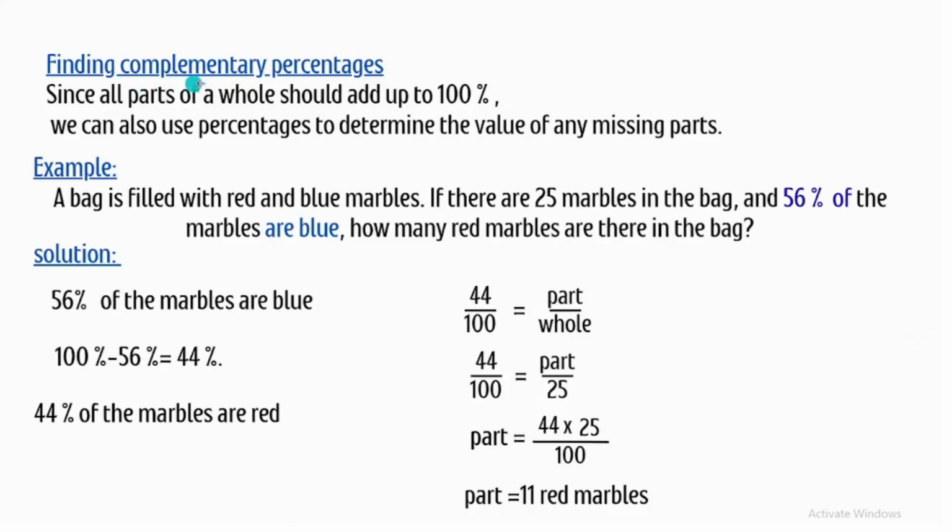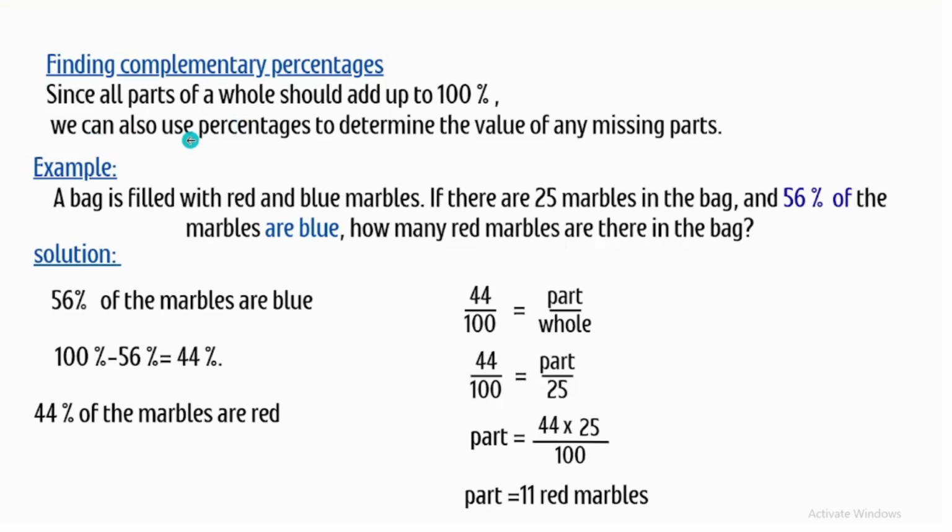Now, finding the complementary percentage. Since all parts of the whole should add up to 100, all the percentages should total 100. The whole is 100. If I have parts and I add these parts, they will get 100.